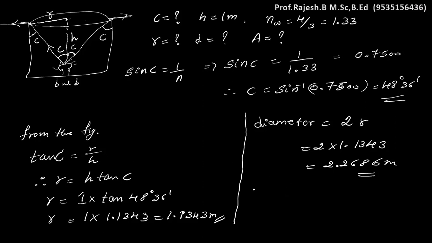And then find out the area. Area of a circle is pi r square.